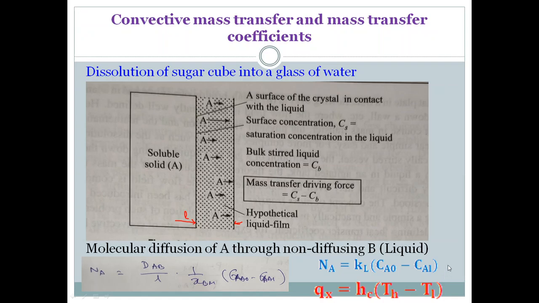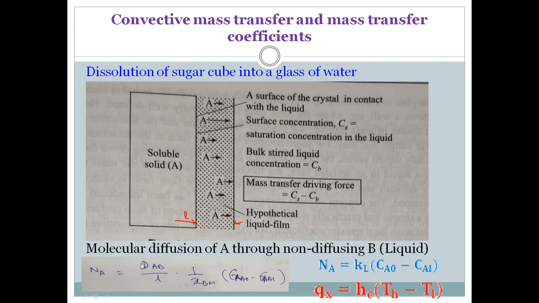So in convective mass transfer, what is happening? The difference between convective mass transfer and molecular diffusion is that in convective mass transfer the boundary layer thickness is decreased. If this is decreased, then the resistance becomes low, and if resistance becomes low, then the mass transfer flux will increase. The same phenomenon happens in heat transfer also.